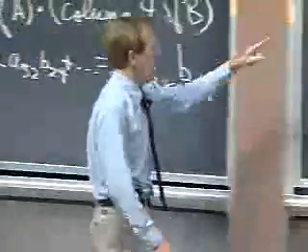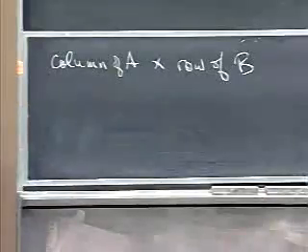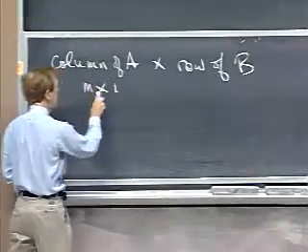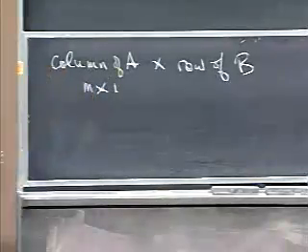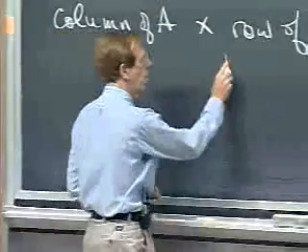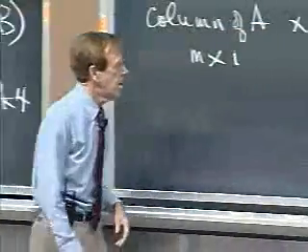So a column of A was, what's the shape of a column of A? M by 1. A column of A is a column. It's got M entries and one column. And what's a row of B? It's got one row and P columns. So what's the shape?